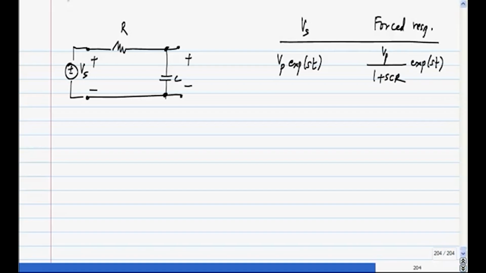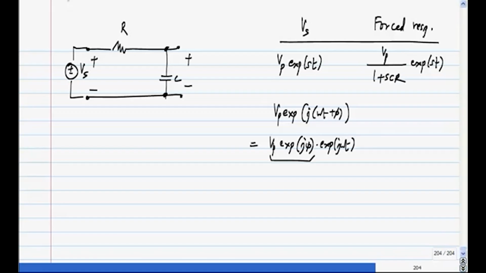Clearly, Vp exponential j(omega t plus phi) is the same as Vp exponential j phi times exponential j omega t.